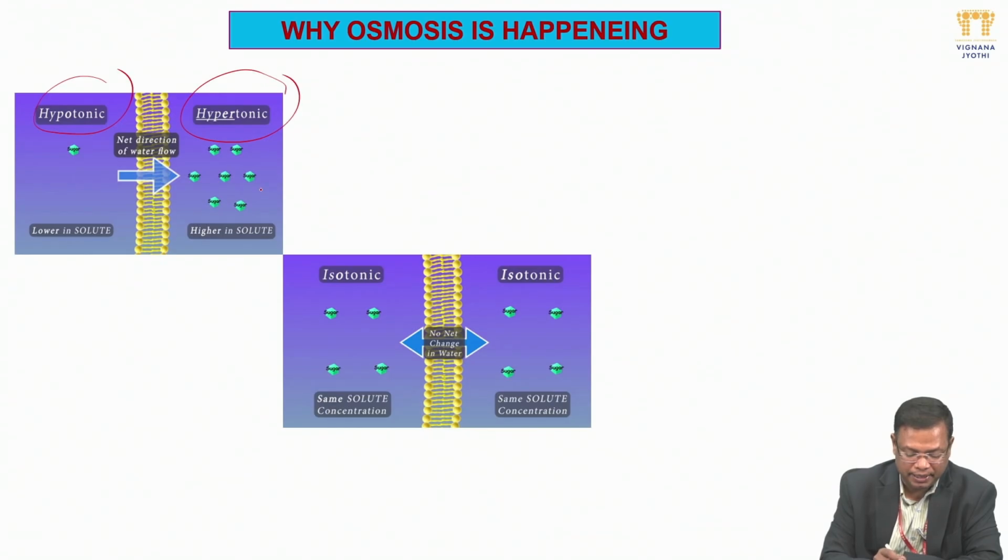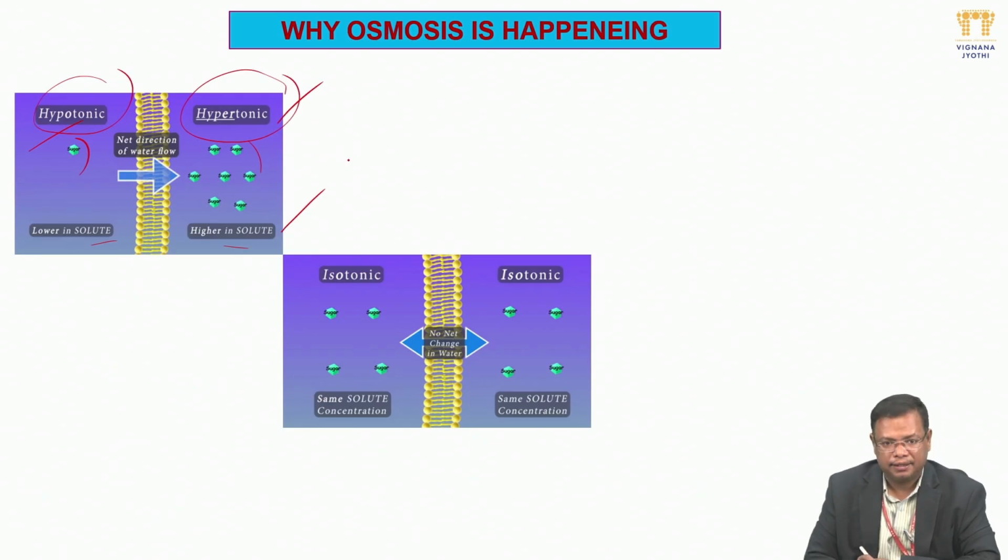Hypertonic solution implies that the number of solute particles on one side is very high, and on the other side the number of solute particles is very low by comparison. So one side is very pure or less concentrated, and the other side is very highly concentrated. The highly concentrated solution is the hypertonic solution, and the left side is the hypotonic solution, lower in solute versus higher in solute.